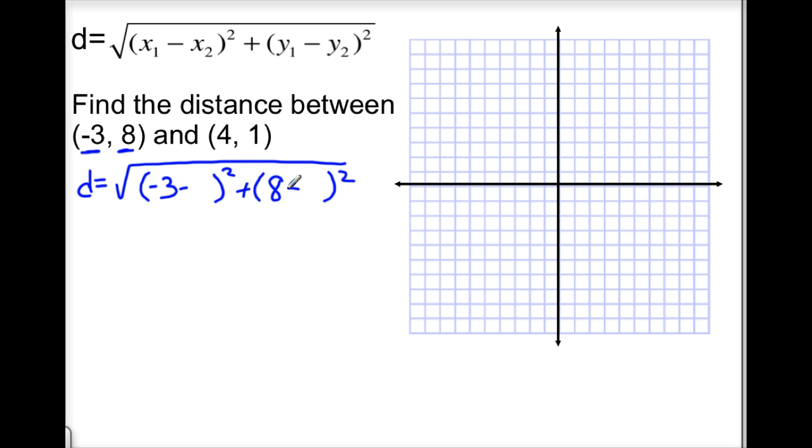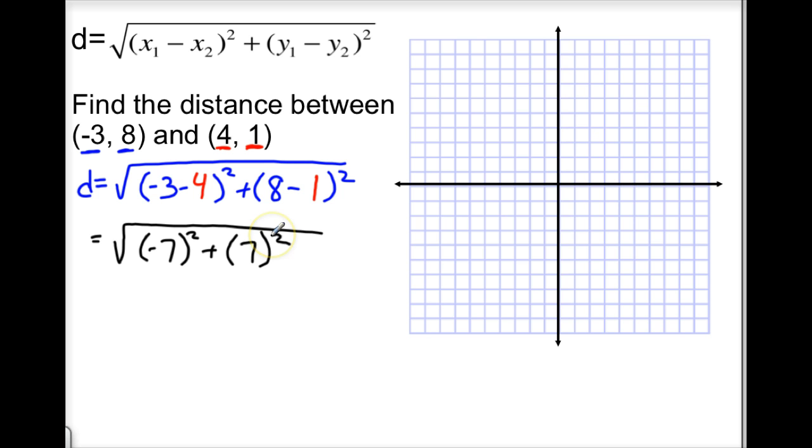The second one, 4 and 1, and now I solve that. -3 minus 4 gives me -7 squared. 8 minus 1 is 7 squared. -7 squared is 49. 7 squared is 49. So I get the square root of 98.